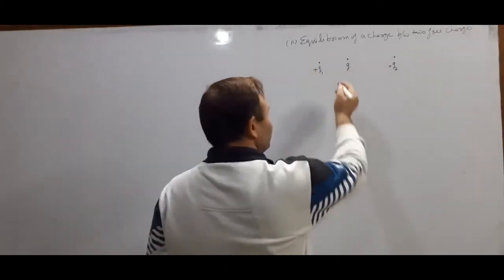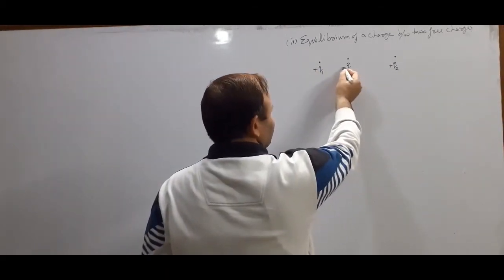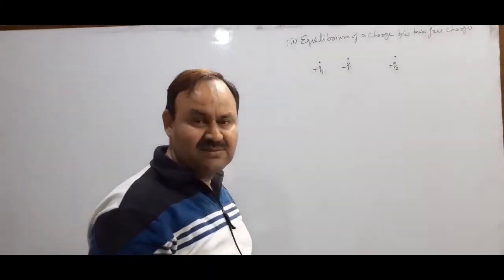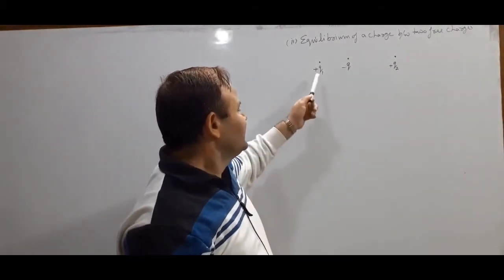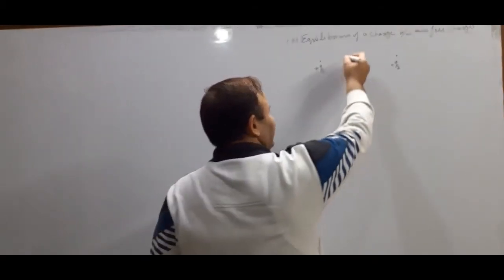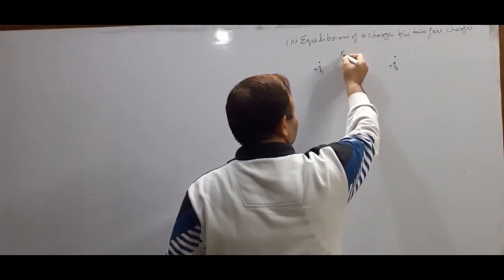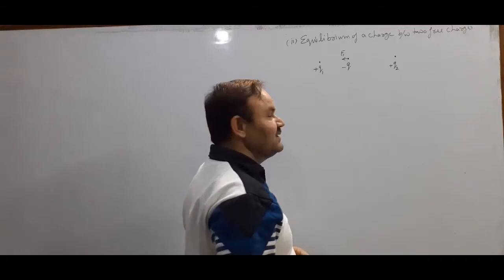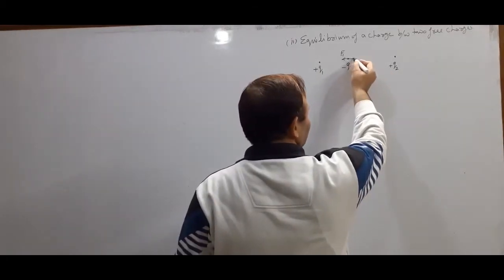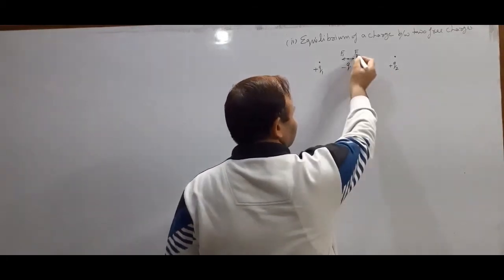But if the charge in the middle of these two charges is of opposite nature, then Q1 will attract Q towards itself, exerting force F1. Q2 will attract Q towards itself, exerting force F2.